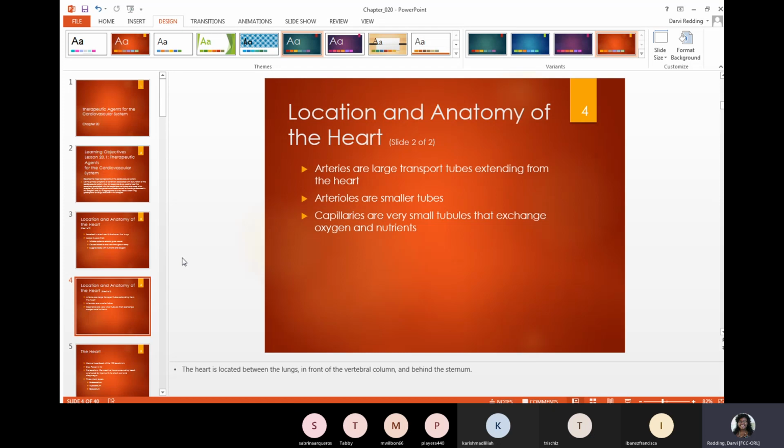You also have the arterioles, which are smaller tubes, and then you have capillaries, which are very small tubules that exchange oxygen and nutrients. The heart is located between the lungs, in front of the vertebral column, and behind the sternum.